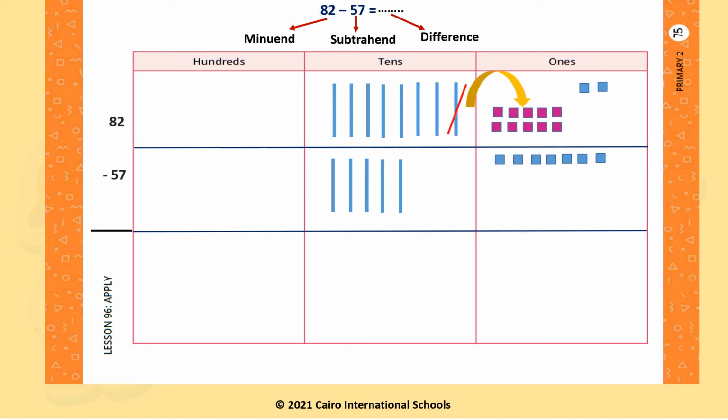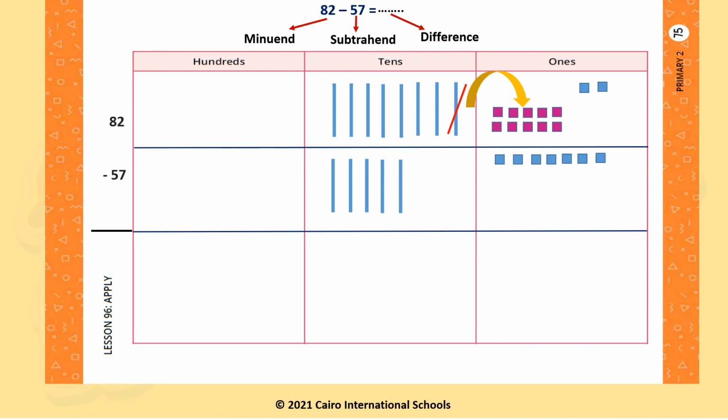So 8 will give me 1 ten. 1 ten equals what? Equals 10 small squares. Don't forget here to cross out 1 ten. Now we have 12 ones. 10 and 2 equals 12.